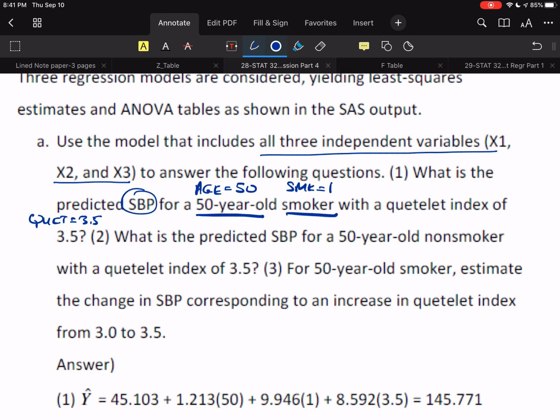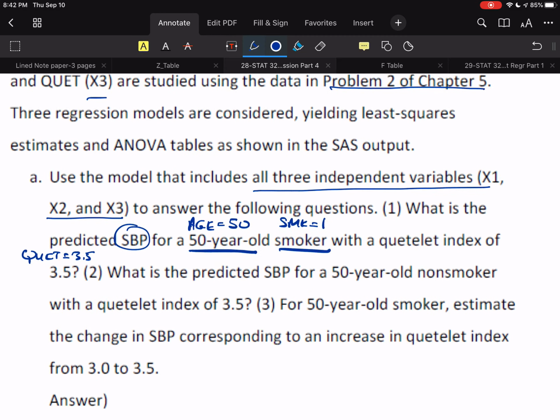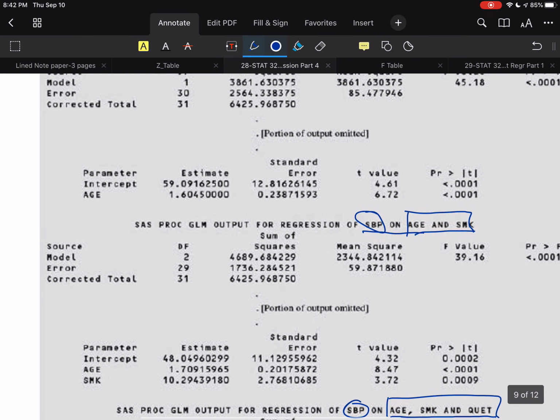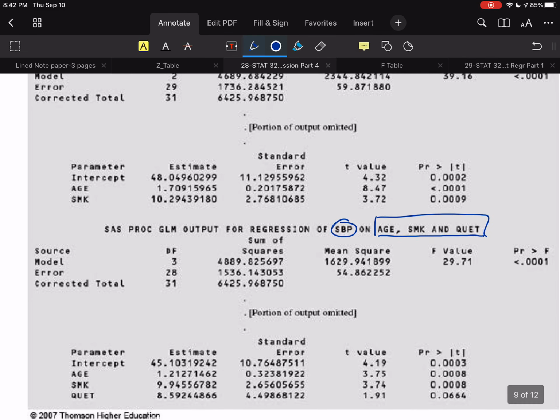So let's do that. For the first model, we want to find our regression equation. So we have y hat equals. We need to go up here to the model with all three of them, right? And here we are with all three. Here's our intercept, 45. This is going to be beta 1 hat, this is beta 2 hat, and this is beta 3 hat. Those are the values here.